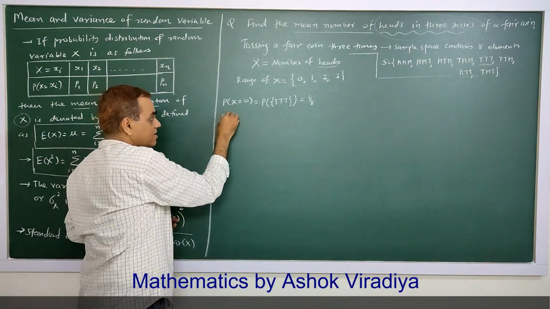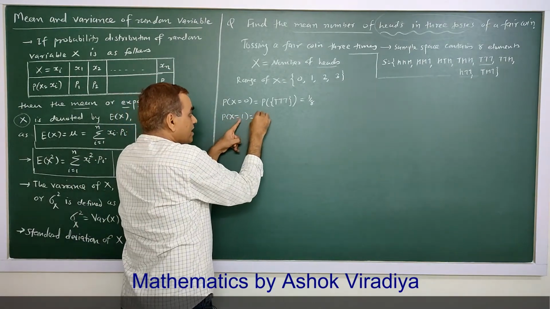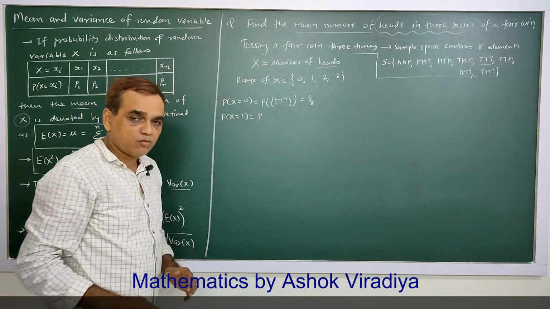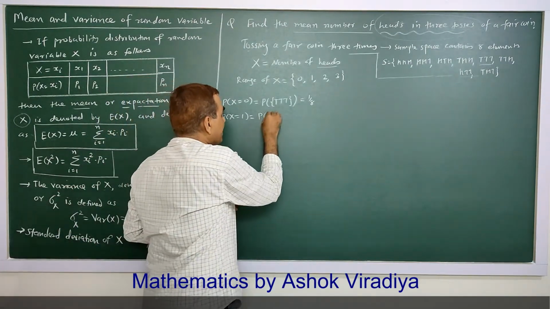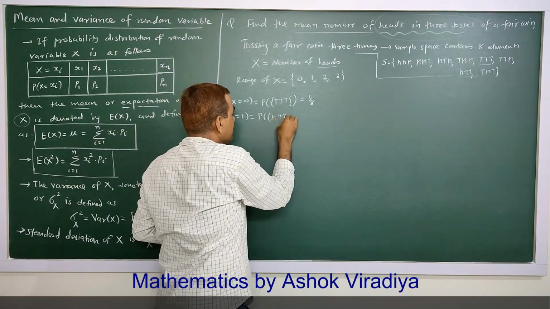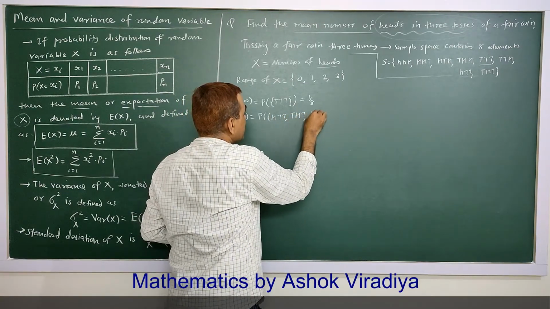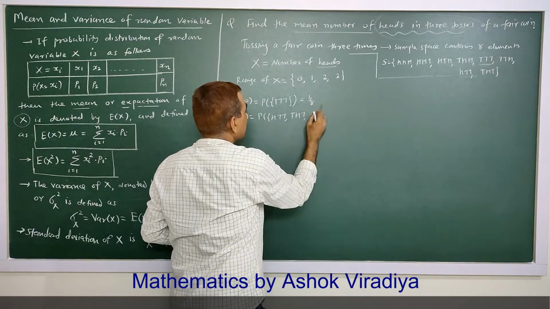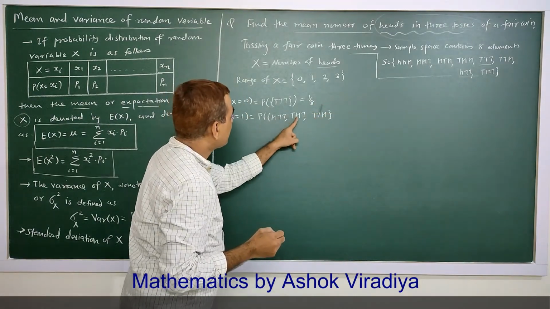Probability that x takes value 1. So number of heads is 1. So what is the event? That number of heads is 1. So the corresponding event is HTT, THT, TTH. Here number of heads is 1.